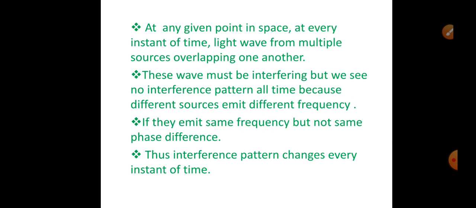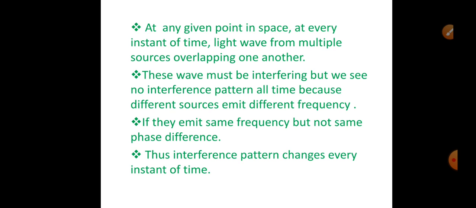But at any given point in space, at every instant of time, light waves from multiple sources overlap one another. Still, no interference can be determined in space, because these multiple sources emit different frequencies and different phase differences.